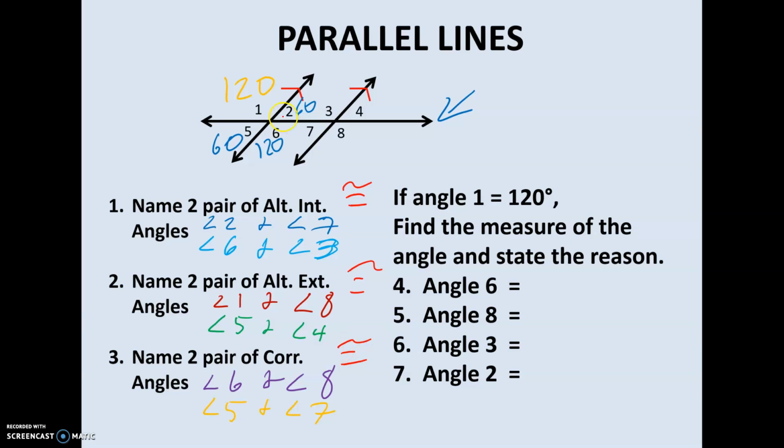So my alternate interior angles are both going to be 60 degrees. They're going to be the same. If this one is 60 degrees, then this one has to be 60 degrees with alternate interior angles.